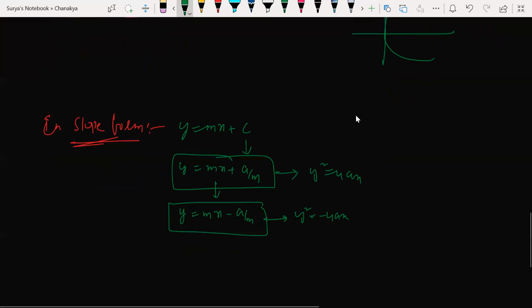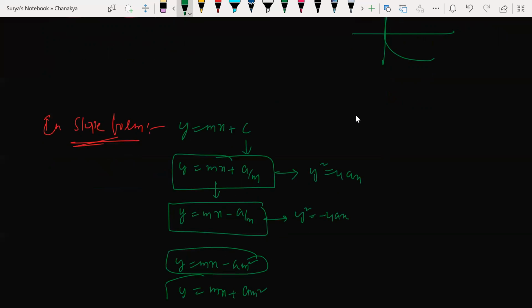And if you want it for some other parabola too, it's negligible. I'm telling you which is more useful to you. This is for x square is equal to 4ay, and this is for x square is equal to minus 4ay.